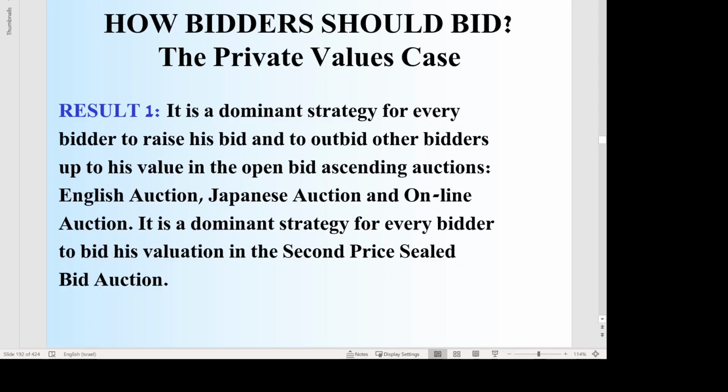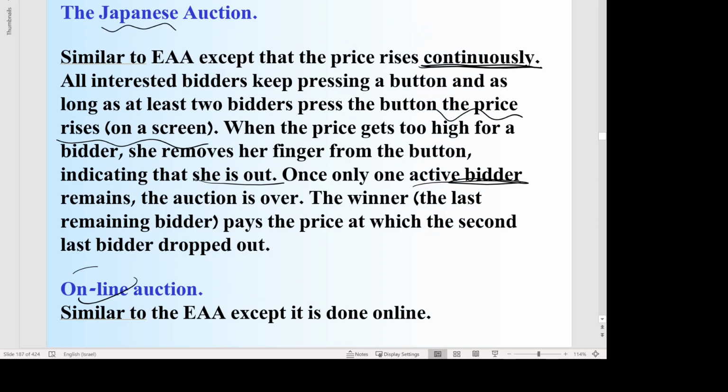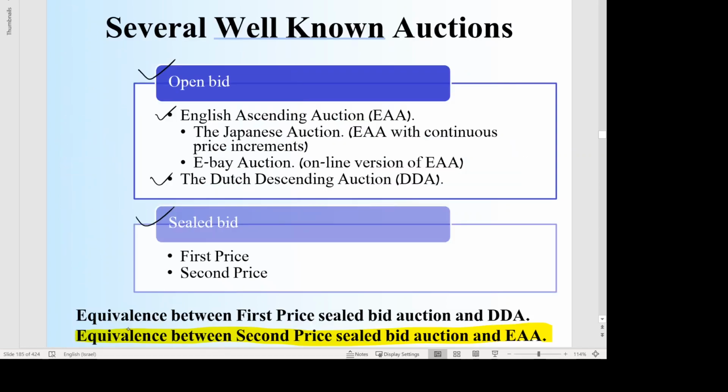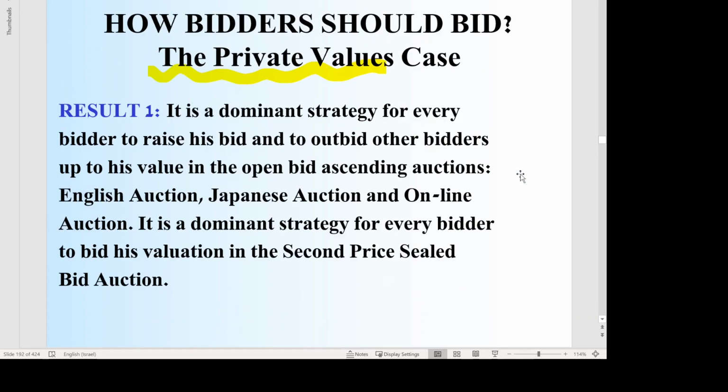Now I would like to make a remark about English auctions and second price auctions. In the private value case, these two auctions are strategically equivalent. We mentioned this result in the previous slide. Here, equivalence between second price sealed auction and English ascending auction. Now let's see why. It is true that in the English ascending auction, the situation is much more complicated because it is an extensive form rather than a normal form game.